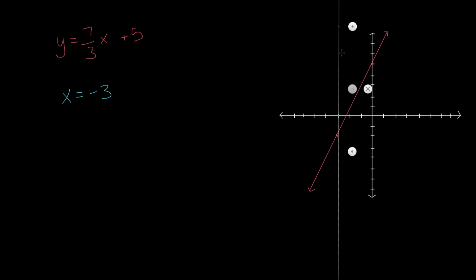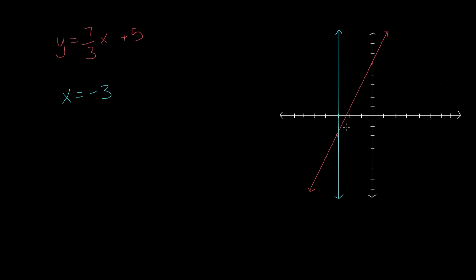So all you have to do is draw a completely vertical line from that -3 point on the x-axis. And so that's right there. And so this thing is going to be our line for this one. So if it says x is equal to -3, all you're going to have to do is draw a vertical line at where the x-intercept would be -3.